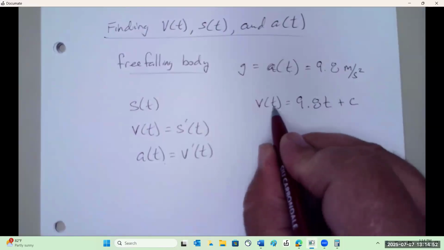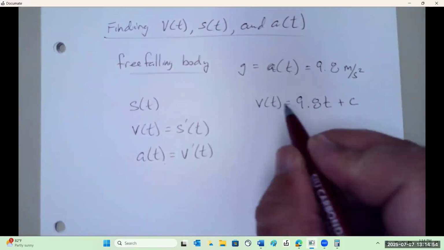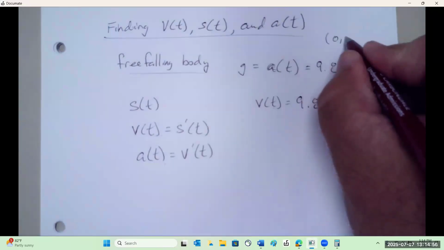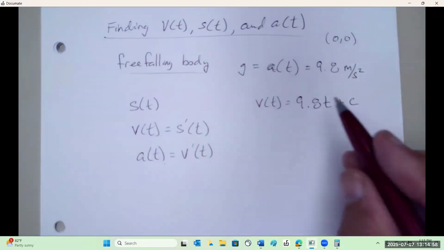So when we first dropped it, it's a free falling body, we start at 0, 0. So we start off with 0.